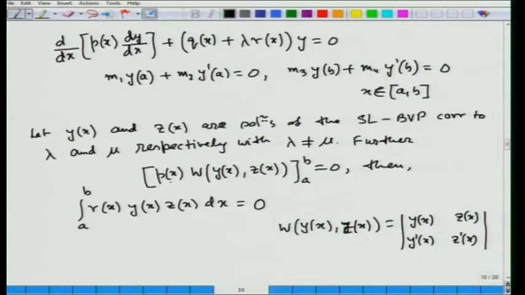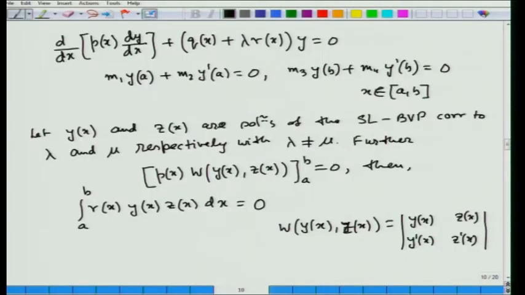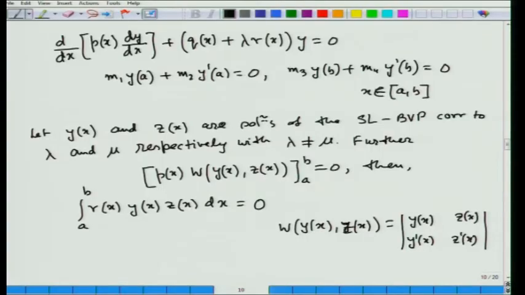If the condition P x multiplied by the Wronskian of y z from a to b is equal to 0 is satisfied, then integral a to b r x times y x z x dx equals 0. And whenever this is satisfied, we say that y and z are orthogonal functions to each other with respect to the weight function r x.